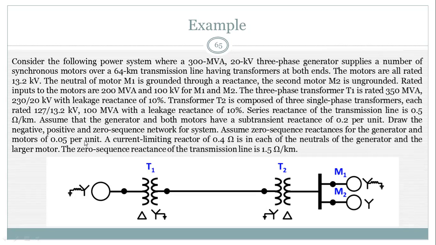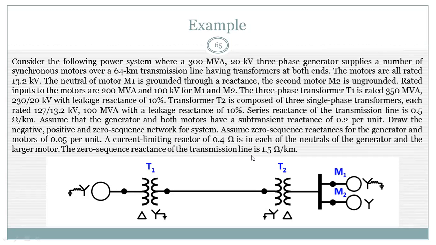A current limiting reactor of 0.4 ohm is in each of the neutrals of the generators. So here there are two neutrals connected to an impedance, one for the generator and another for motor M1. So these two neutral impedances have a value of 0.4 ohm.